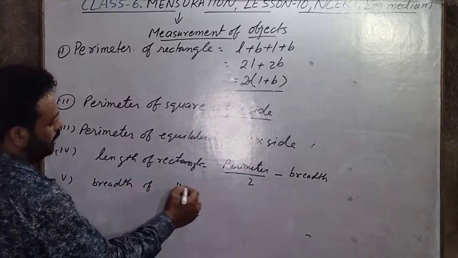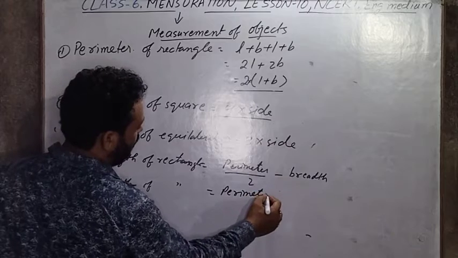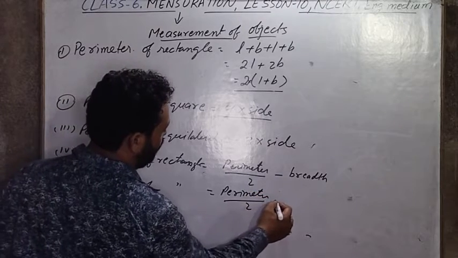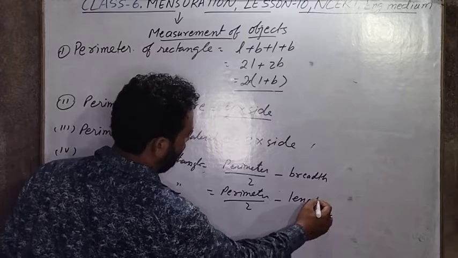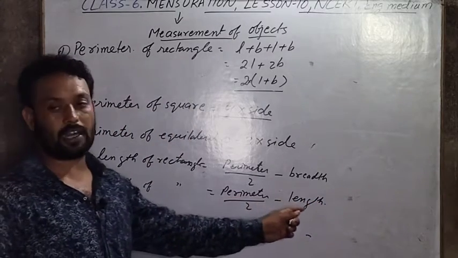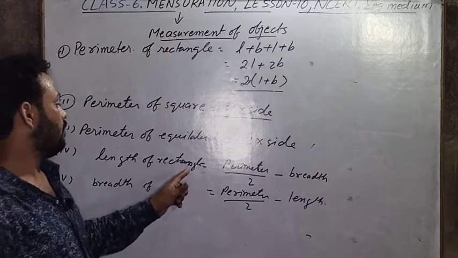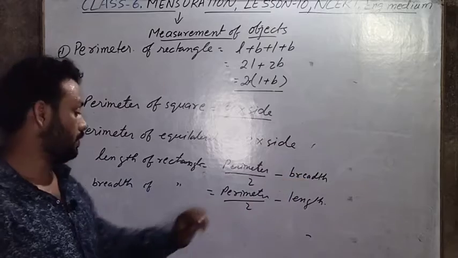Then we have the formula for breadth. Breadth of rectangle is equal to perimeter divided by 2 minus length. Means if breadth we have to find, then perimeter and length will be given. If length of the rectangle we have to find, then perimeter and breadth should be given.